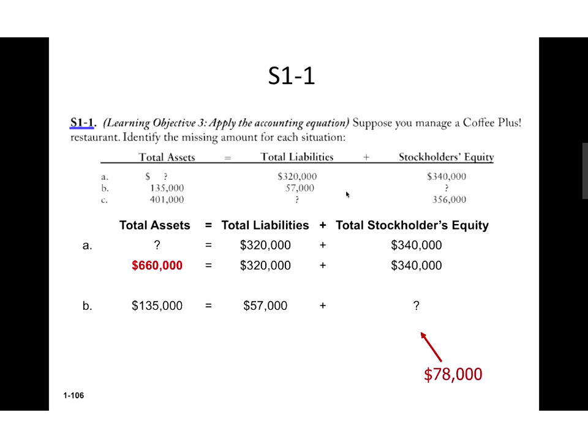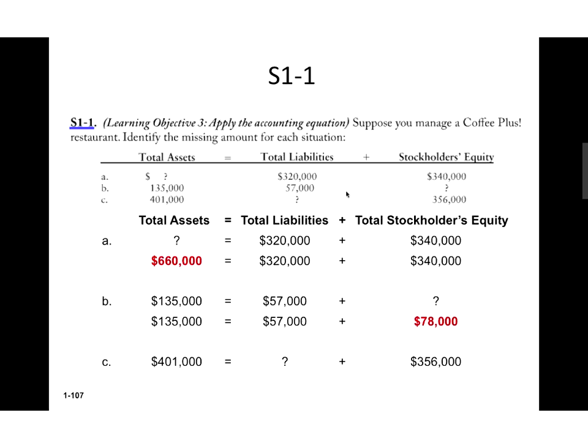And then the third situation is we have assets of 401,000. We have liabilities unknown and total stockholders' equity, so we have to solve for the missing one. And that's going to be 45,000, and that's taking assets of 401,000 and subtracting stockholders' equity of 45,000.